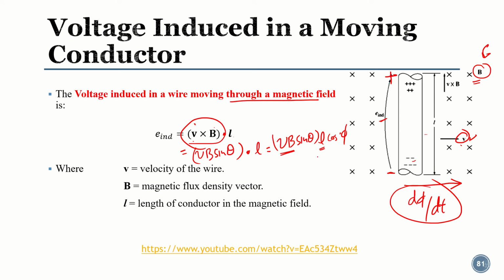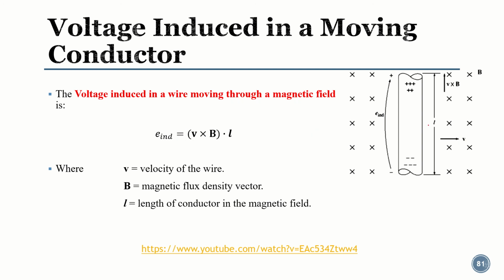So how can we find the direction of the induced voltage? It's very simple. For example, if this is v and this is B into the page, you just take the cross product of v cross B. Just curl the fingers of your hand.